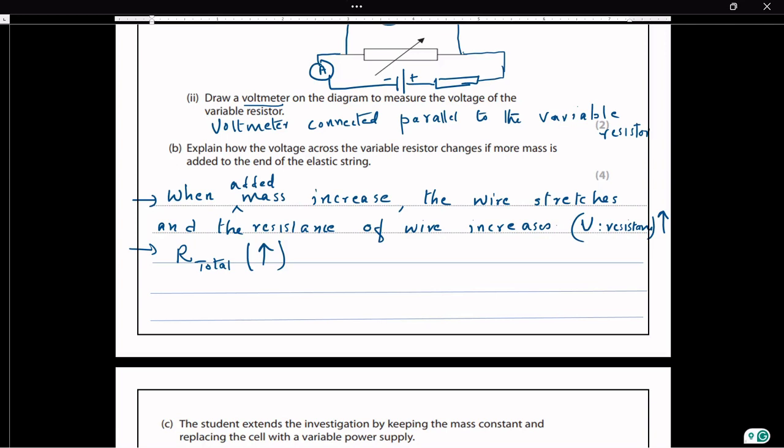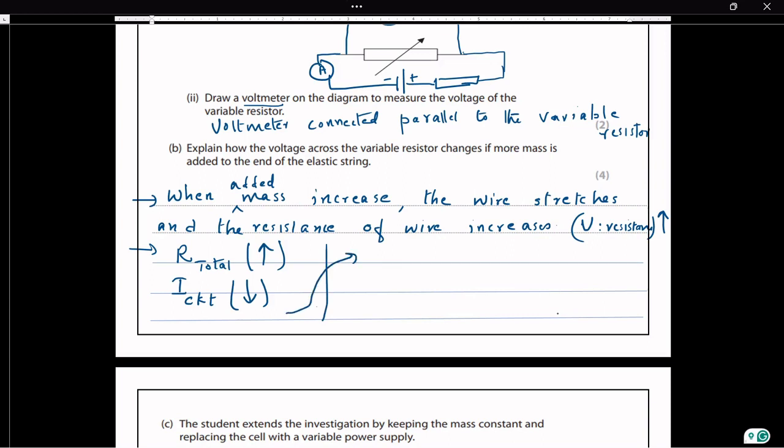So when R total increases, as the resistance increases, the current will decrease. Circuit current decreases. I'm showing a downward arrow to show that it is decreasing. There is no place here, so I'm putting it here. The next step is coming here.